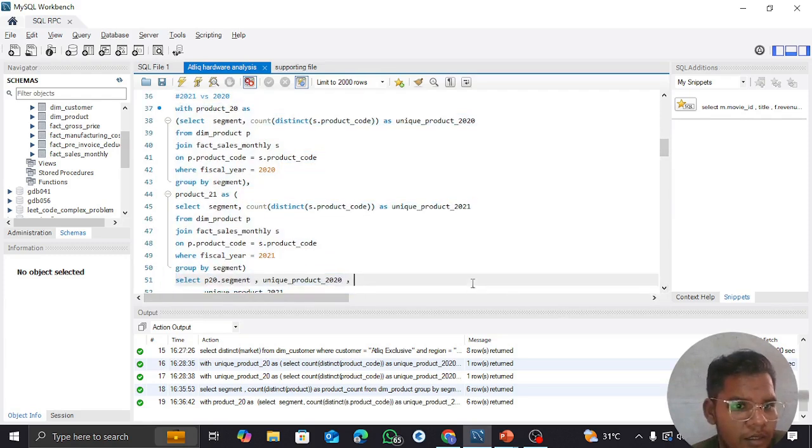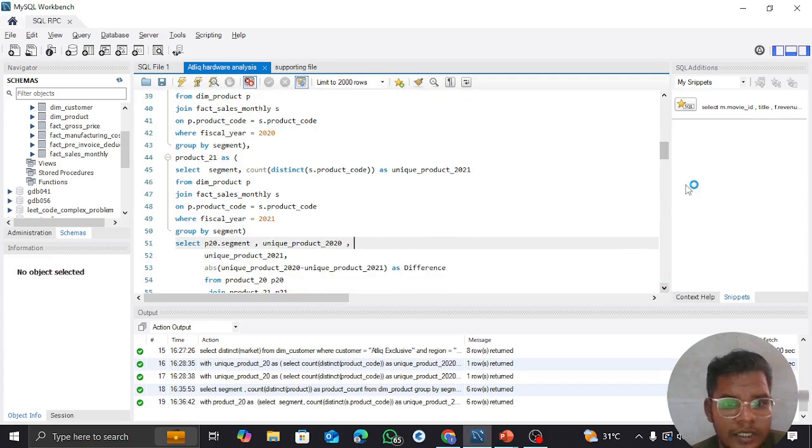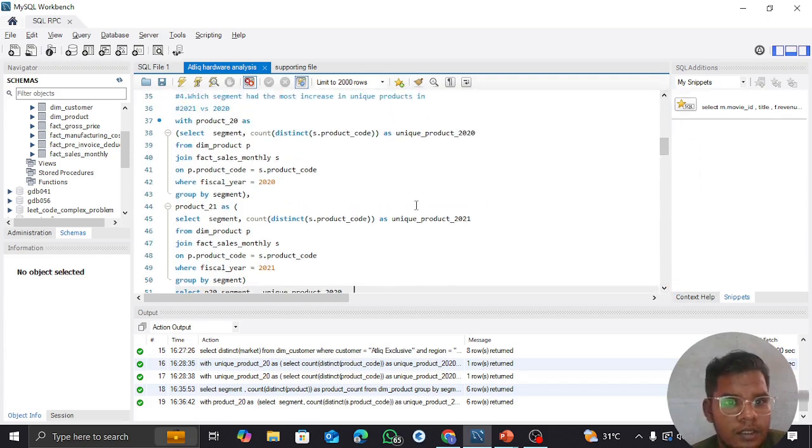Here we use CTEs, two CTEs, and we just combine those two CTEs. The first CTE is product 20. Here in the first CTE we just extract the unique products from the fiscal year 2020, and with product 21, this second CTE, we just extract the unique products from 2021.